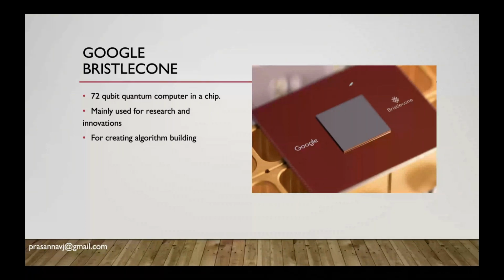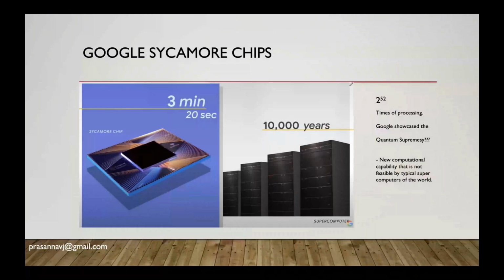So in 2018, Google built the Sycamore chip, and to compare the capability of the Sycamore chip, they were able to achieve 2 to the power of 52 times of processing. They also mentioned that they have achieved quantum supremacy. What is this quantum supremacy?